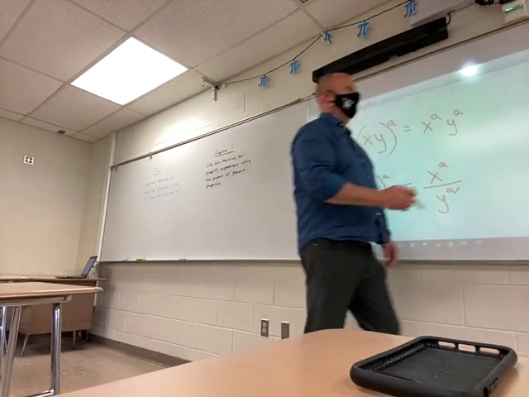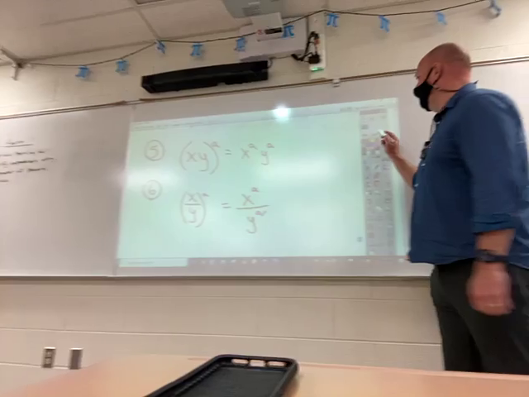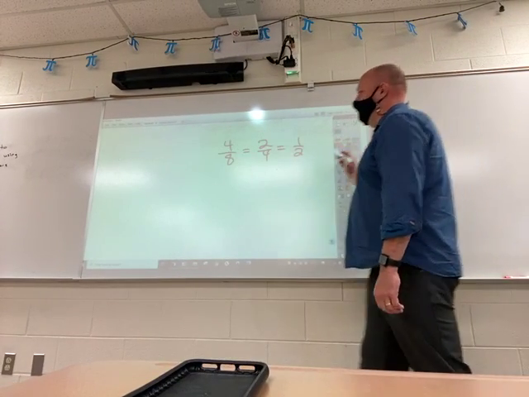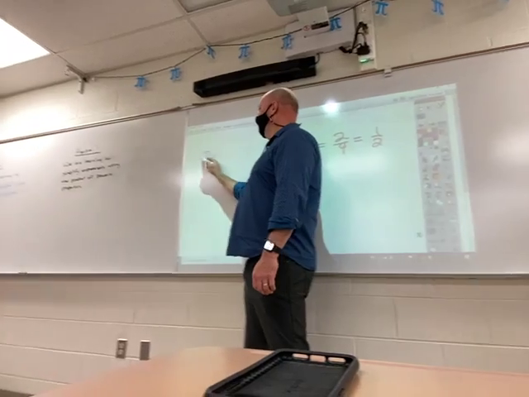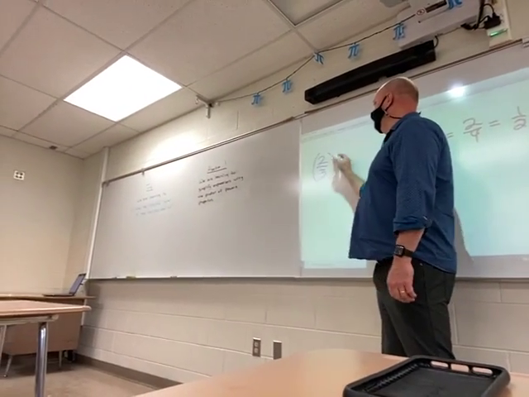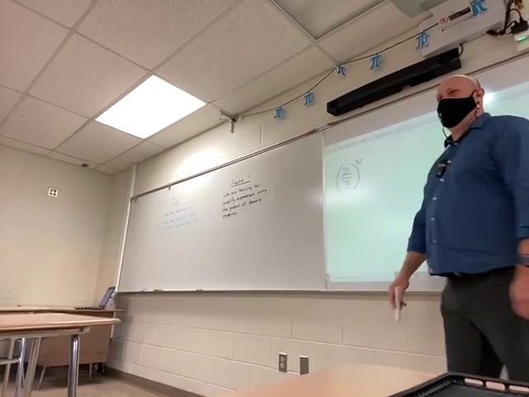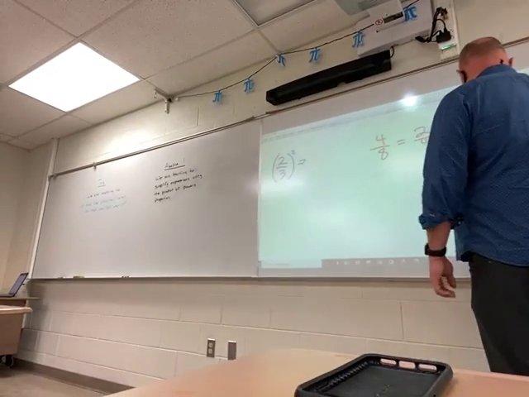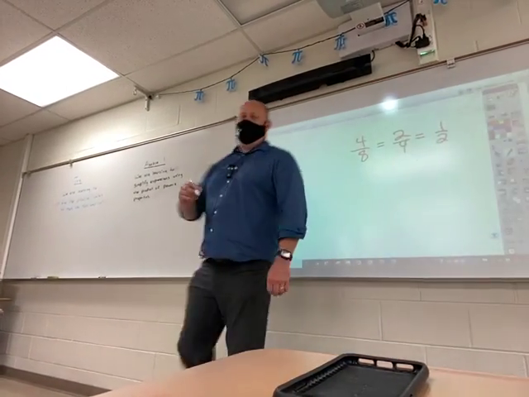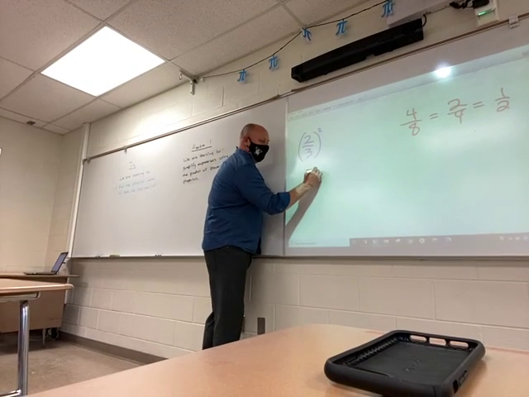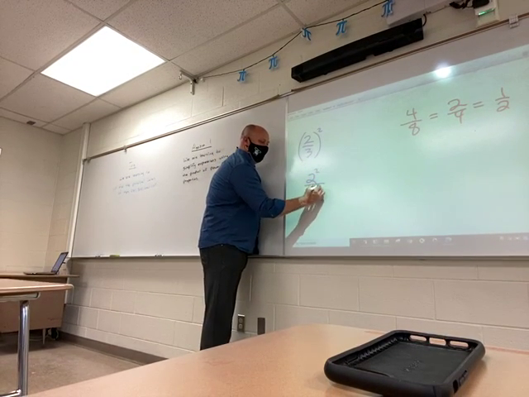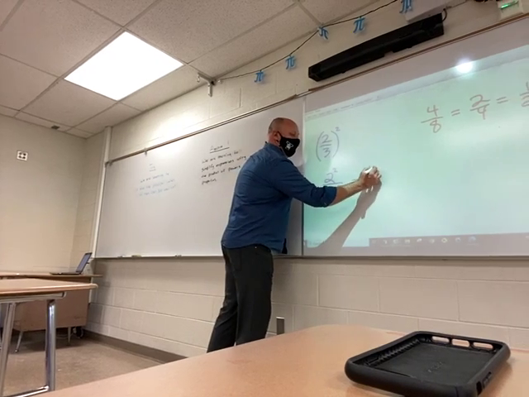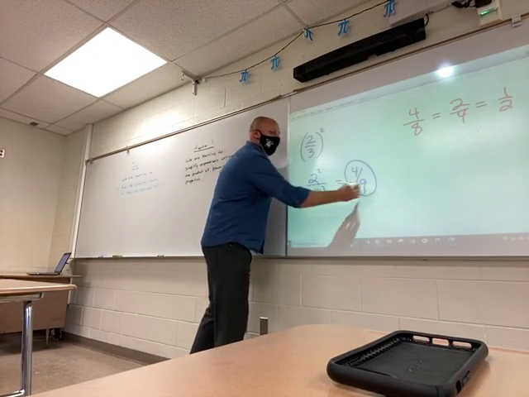So if you see something like two-thirds to the second power, that's the same thing as 2 to the second power over 3 to the second power, or 4/9.